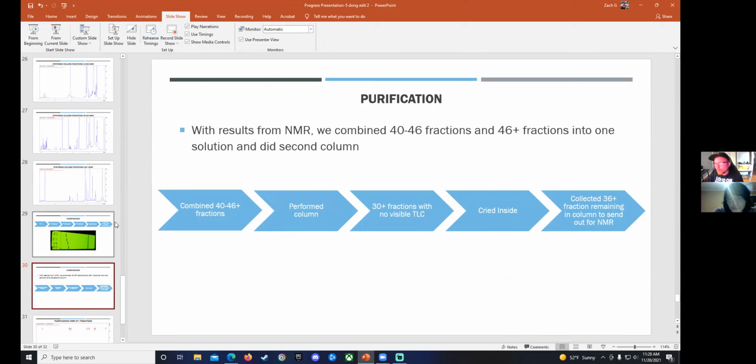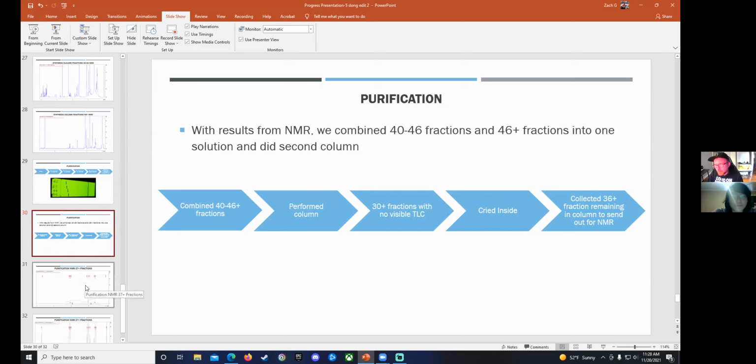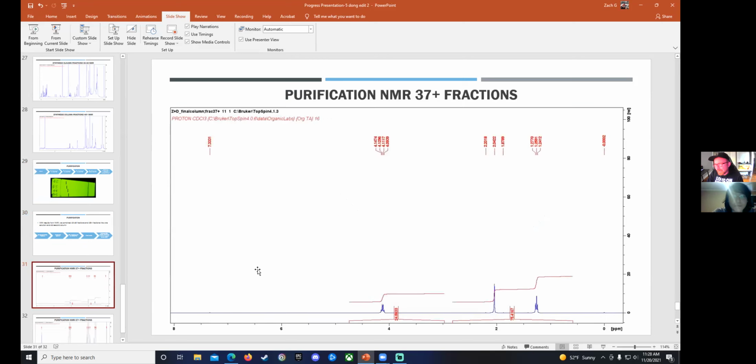That was absolutely horrible because we had something there and then it was gone. So I cried inside a little bit. And then we collected 36 plus fraction remaining in the column and just said, you know, there's something here. Let's shoot the NMR. NMR will probably be able to see what the TLC cannot.